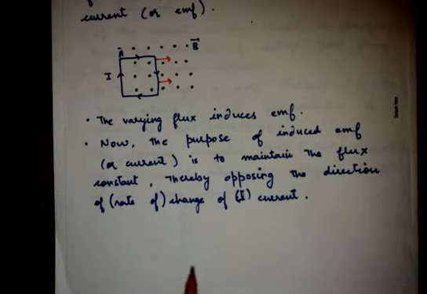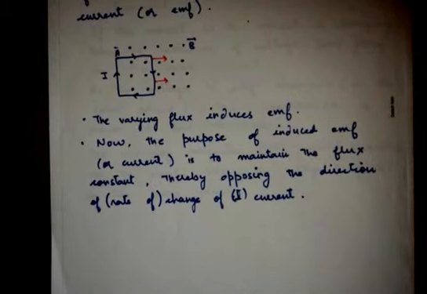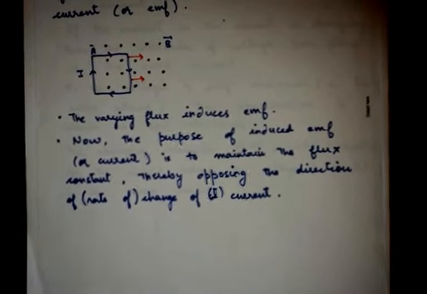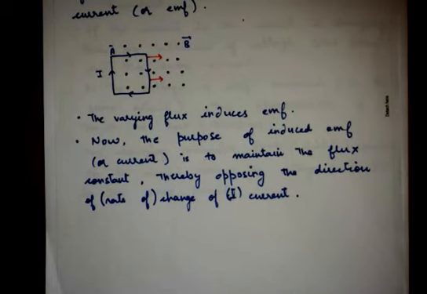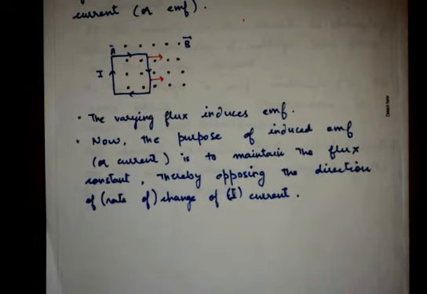The very simple thing which you can always keep in mind is that the induced current or EMF will always oppose the cause of its generation. So what is the cause of the generation of induced current? The varying current itself, which is flowing in the circuit. So the induced current will oppose the direction of the varying current present in the circuit.